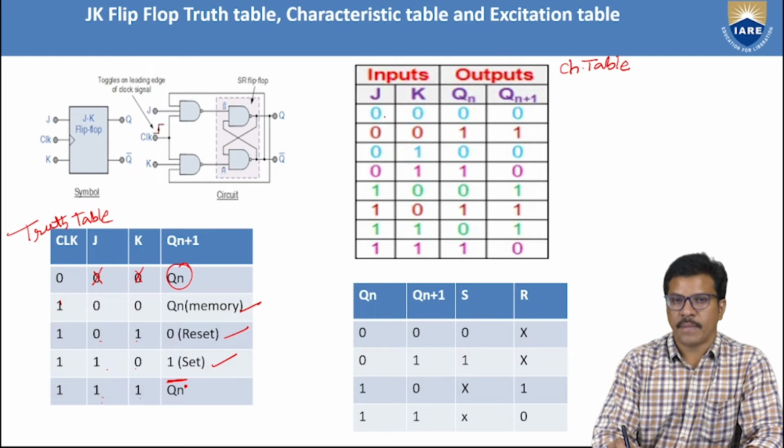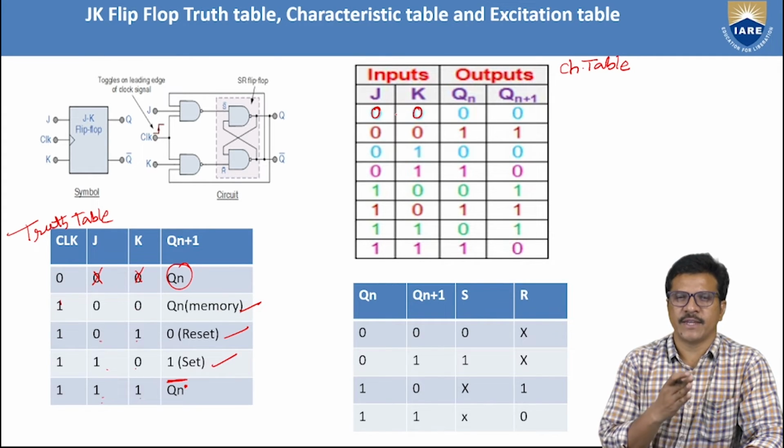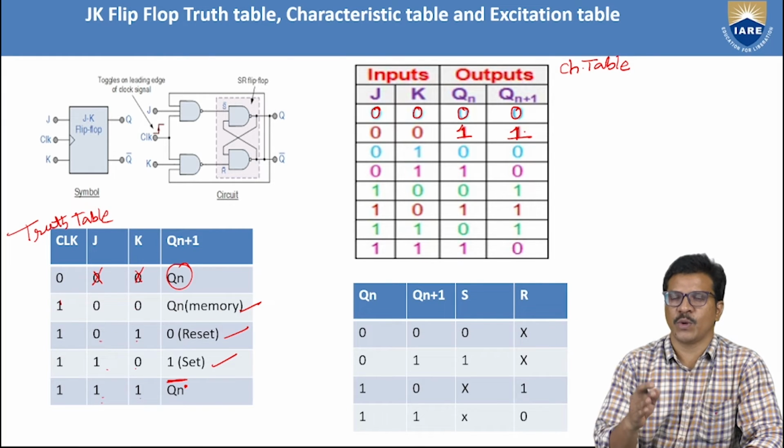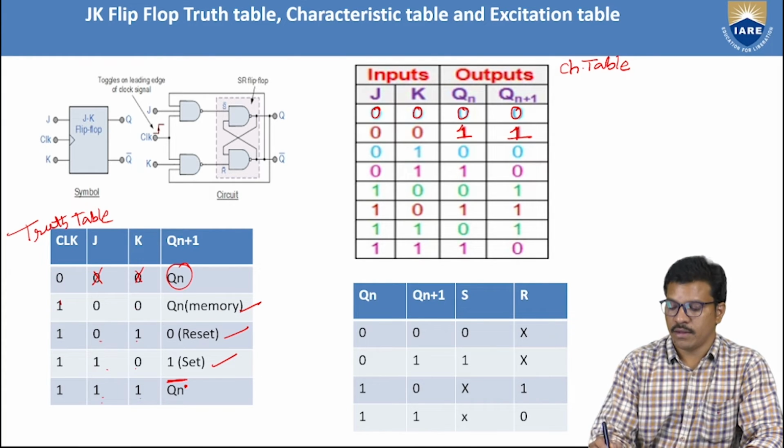So what happens when J is 0 and K is 0? According to the truth table, next state is equal to present state. If present state is 0, next state will be 0. When present state is 1, in the same case, next state will also be the same, because Qn plus 1 is equal to Qn. This is over.